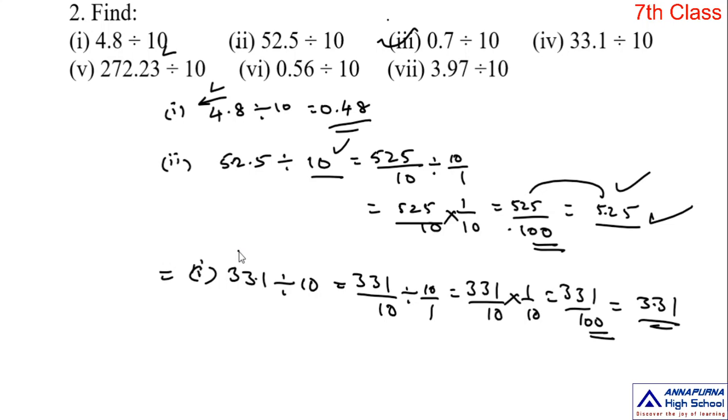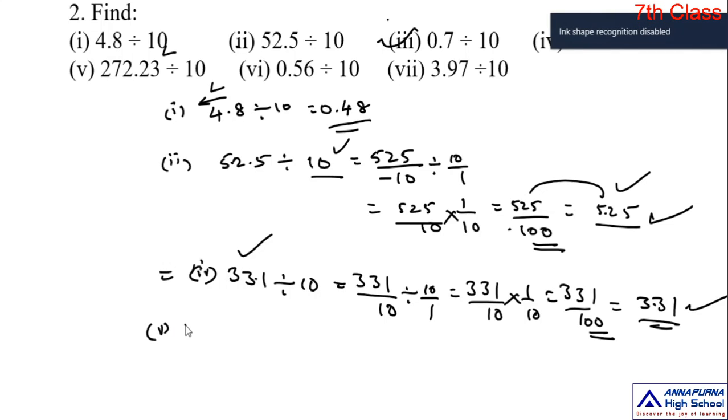Here, if you observe the problem 33.1 and the answer 3.31, the digits are same, 331, but the decimal point has shifted. Here the decimal point has shifted in the coefficient to the left by 2 places, therefore 3.31.